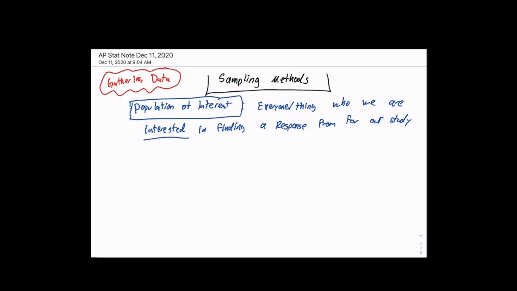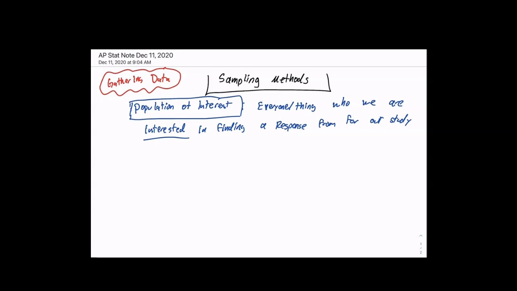So if we were talking about, right now, there's a lot of stuff behind the vaccines, which is more about the experiments. But if we wanted to find out how this vaccine affects the elderly, the elderly would be our population of interest. It's not necessarily everyone, but the elderly, or individuals who have not had COVID before, or maybe those who have had COVID already and have recovered.